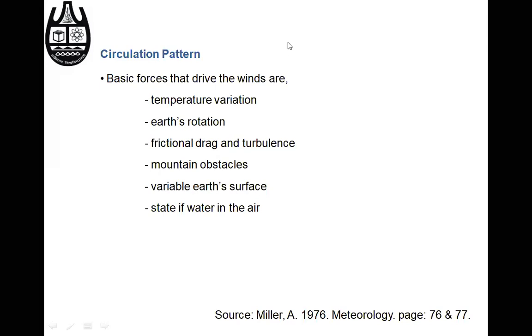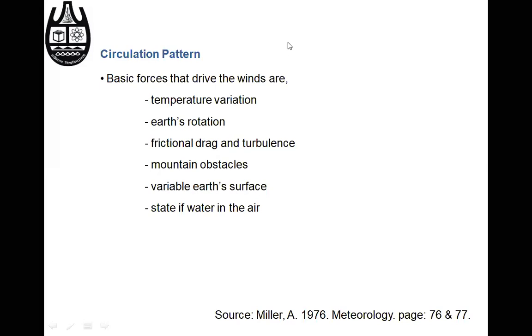Somewhere it is very uncovered, somewhere there might be forest, somewhere there might be cities, buildings, and many things. So depending on different earth surfaces, the air also changes its behavior, and that directs the wind.